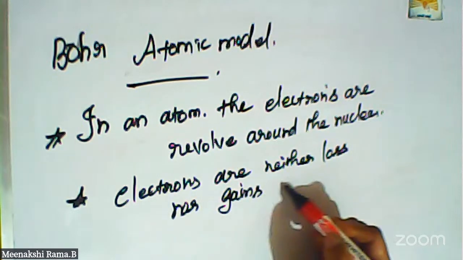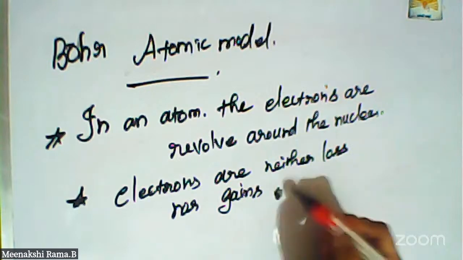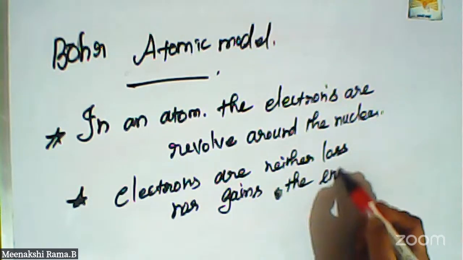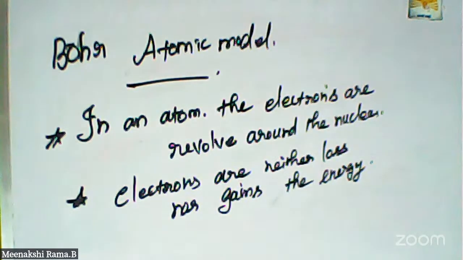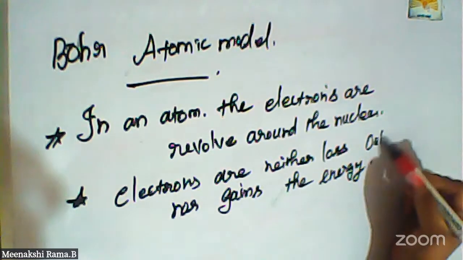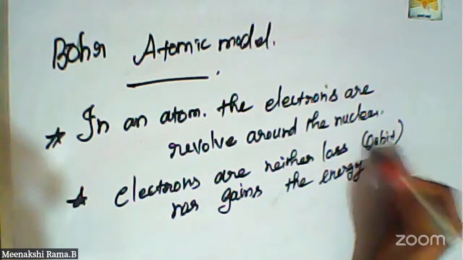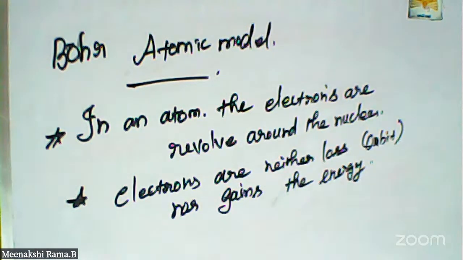This is the second point of his postulates. In the Bohr model, the electron revolving around the nucleus is in what is called an orbit. That part of the area is called the orbit. So the electron neither loses nor gains energy.